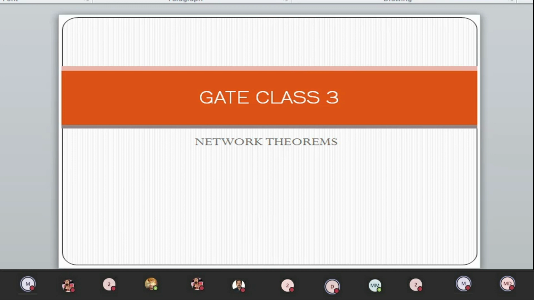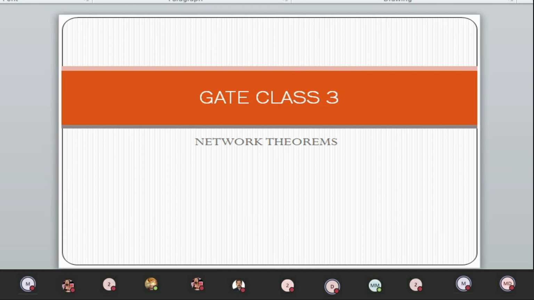Okay. In today's class, let us focus our attention particularly on network theorems. When we start with the network theorems, you know that we have the following set of important theorems such as superposition, Thevenin, Norton, maximum power transfer, reciprocity, Tellegen's, and sometimes even Millman's theorem.